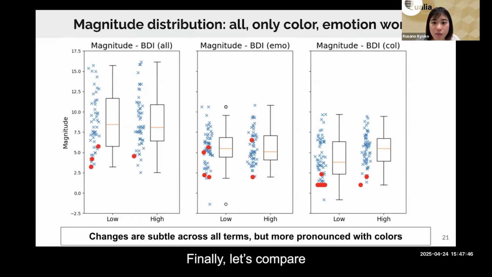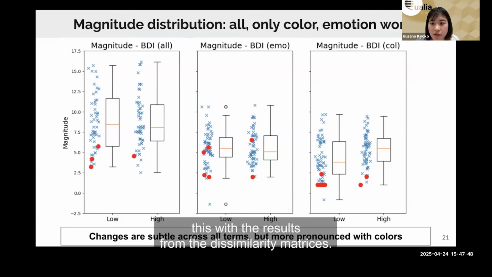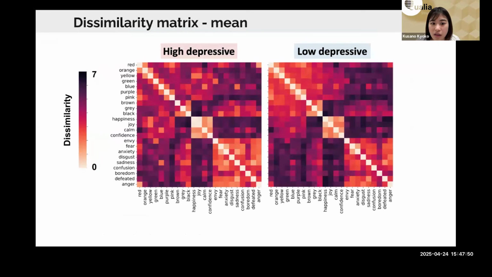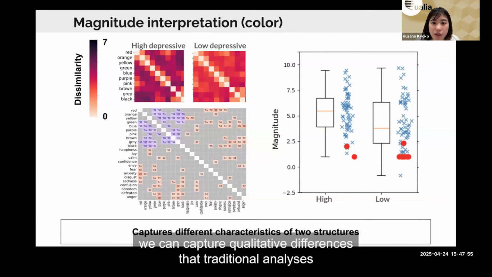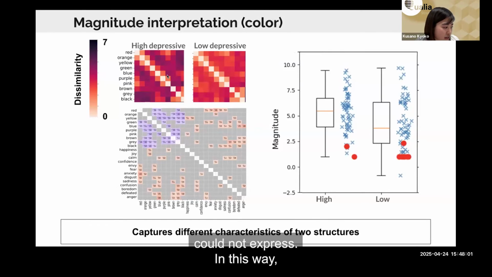And finally, let's compare this with the result from dissimilarity matrices. As shown here, we can capture qualitative differences that traditional analysis could not express. The difference in color appears between high depressive and low depressive.